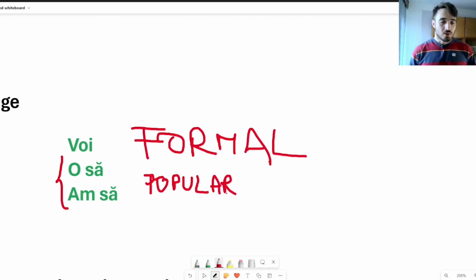And also O, right? Like O can become in some areas or. For example, in Crișana, next to Oradea or Timișoara, you'll hear ois in Moldova.